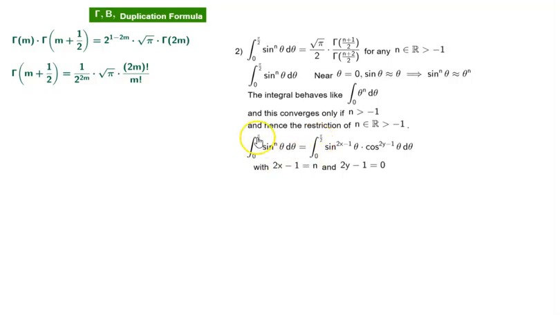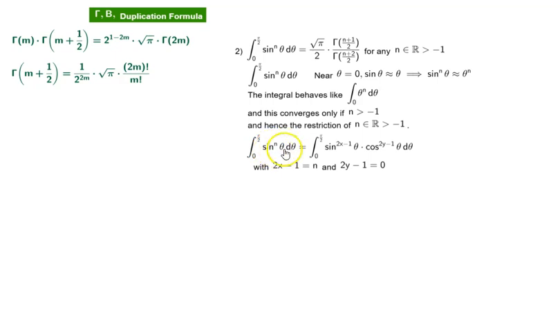We equate the integral from 0 to pi by 2 of sine n theta d theta to the integral from 0 to pi by 2 of sine to the power of 2x minus 1 theta times cos to the power of 2y minus 1 theta d theta. Now how can we equate this? By making 2x minus 1 equal to n.